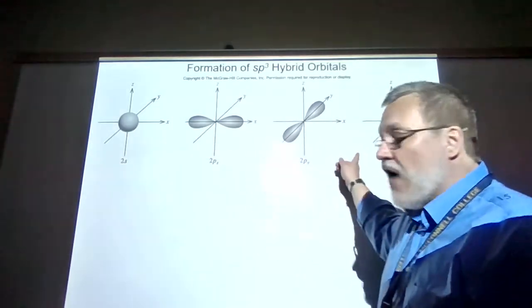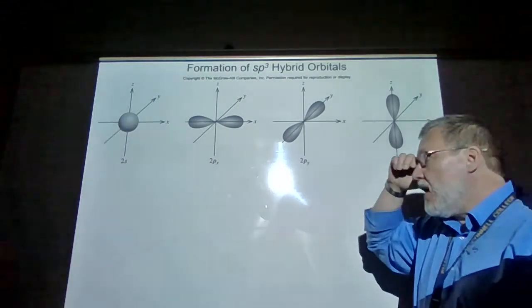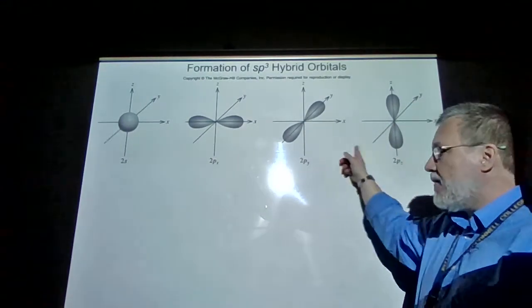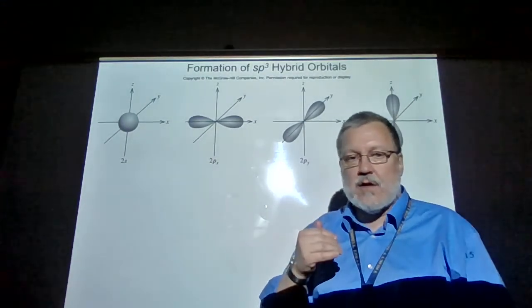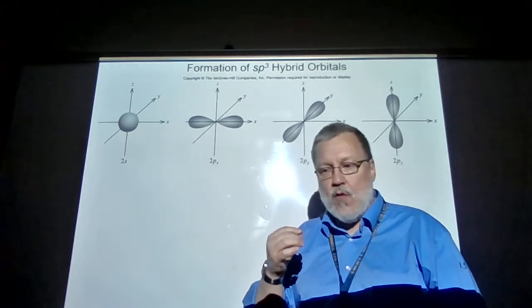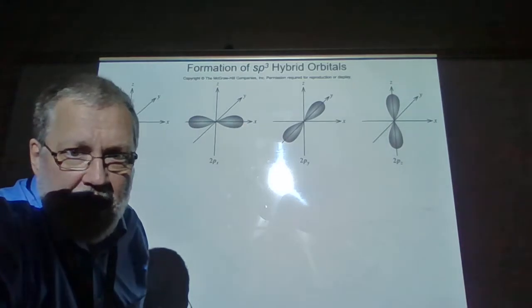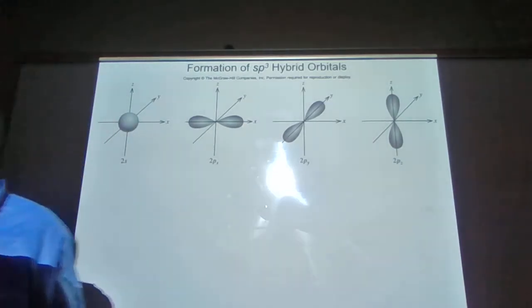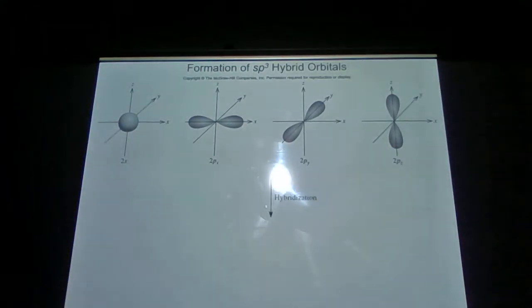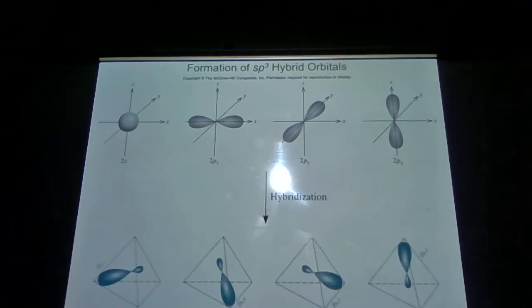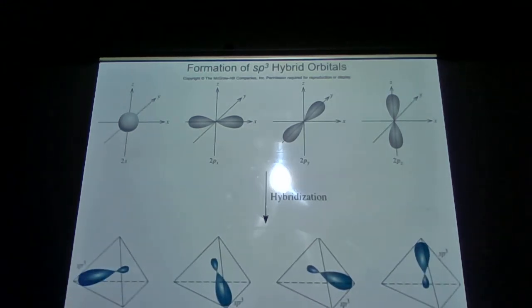We say these are hybridized, meaning an s orbital combines with the p types and forms a different kind of bonding orbital. So we have hybridization, and we find that we have 4 sp3 hybridized orbitals.